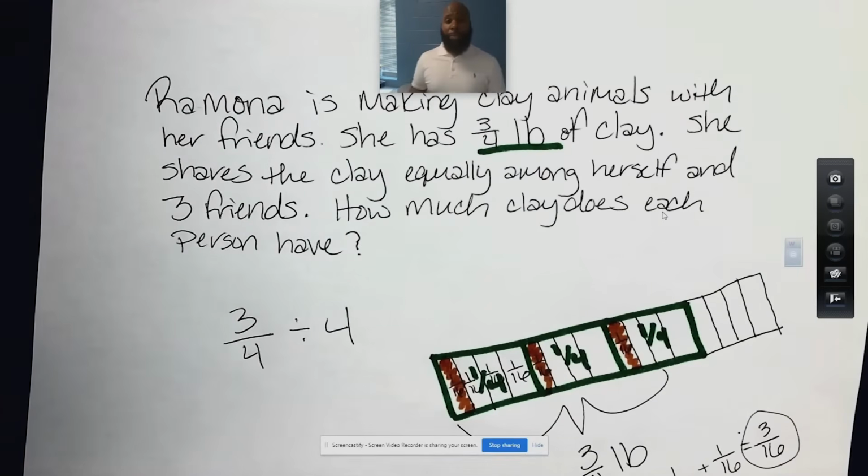Another type of visual model that we can use for this problem is a number line. So I want you to draw a number line on your paper. What part should we divide our number line into? So I'm going to draw my number line.